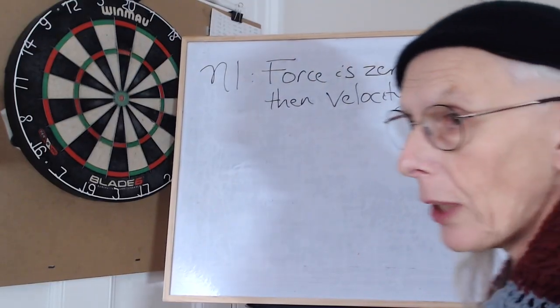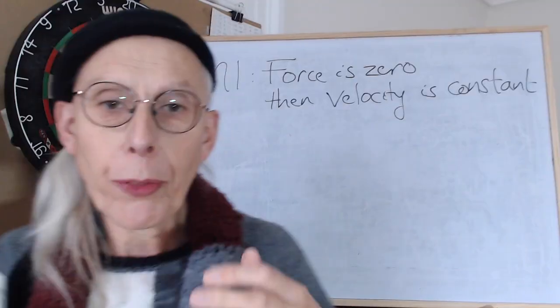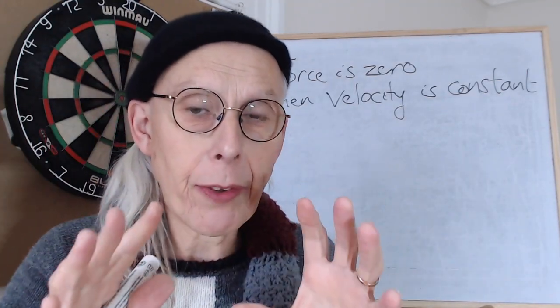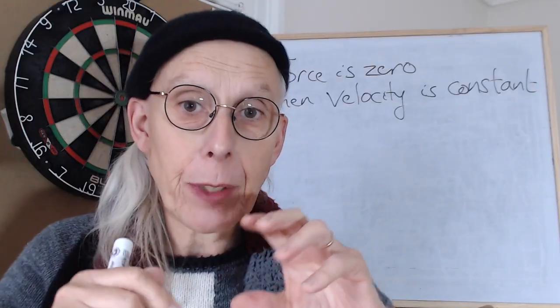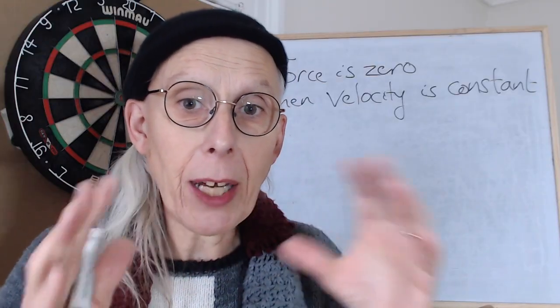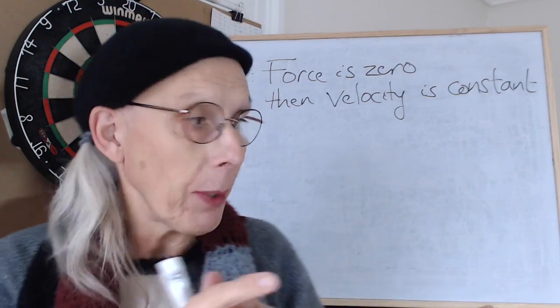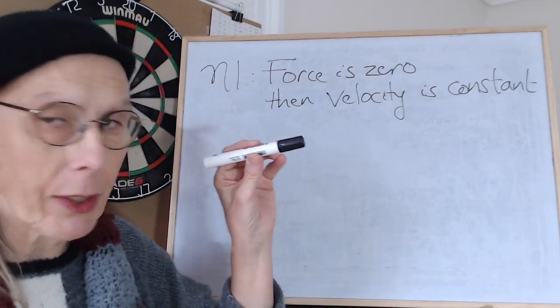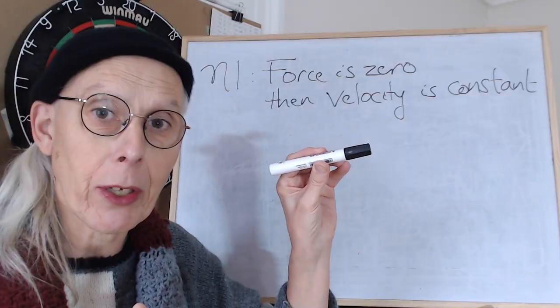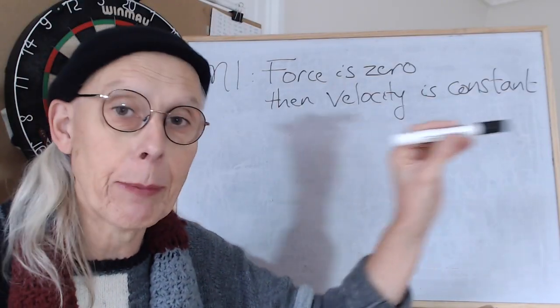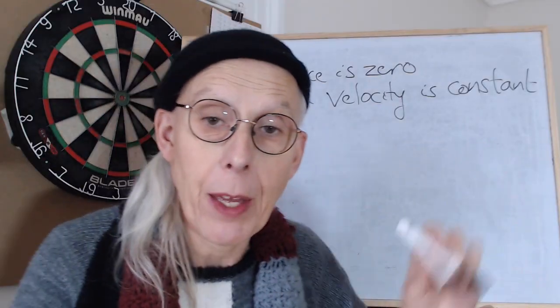And as we saw last time, it's really important that when we say the word velocity, we bear in mind that that is 2 different things. It's the speed, which is the size of the velocity, but it's also the direction. So if something's moving at a certain speed in a certain direction and there are no forces acting on it, according to Newton's first law, it will just continue in that same direction at the same speed.